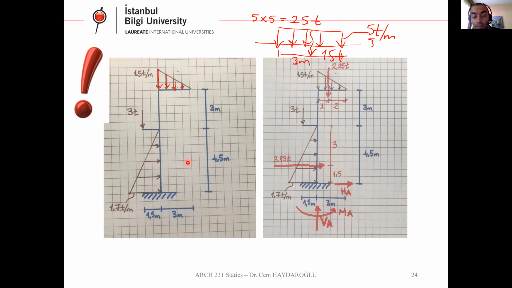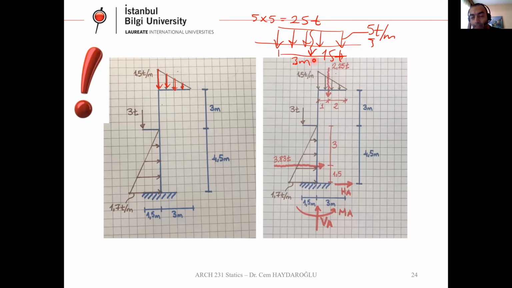We need its location. Remember, from the highest point, 1/3 rule, divide this to third and get the exact location here. If we divide it third, we are going to get 1.5. This point is 1.5 meter far away from the highest loading point. As you can see, we get the magnitude and location. That's okay. We convert this triangular distributed load to concentrated load.